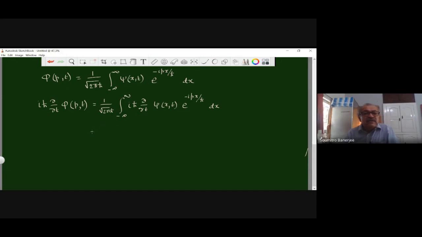We know that this is 1 by root 2 pi h cross, integral from minus infinity to infinity, of the known form: h square by twice m, the kinetic energy operator, minus del 2 del x2, plus V of x, the whole thing operating on psi of x, t.